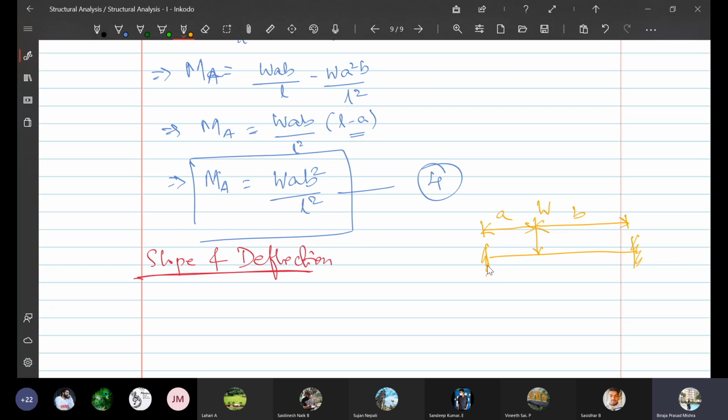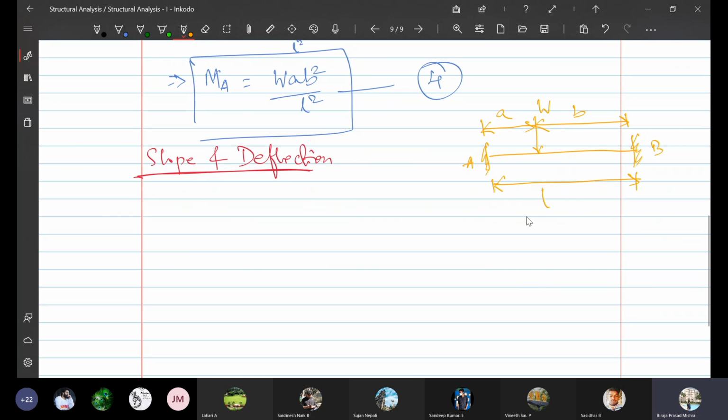This is A, this is B, and this whole length is L. Okay, and L equals A plus B. That part we know. And here we have reactions, RFA, RFB.